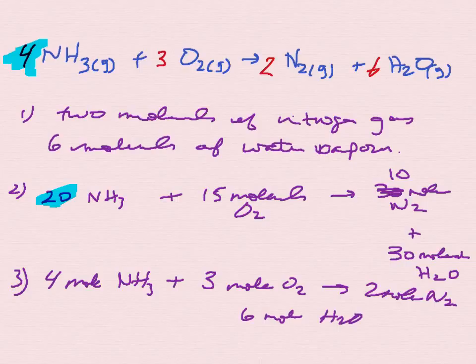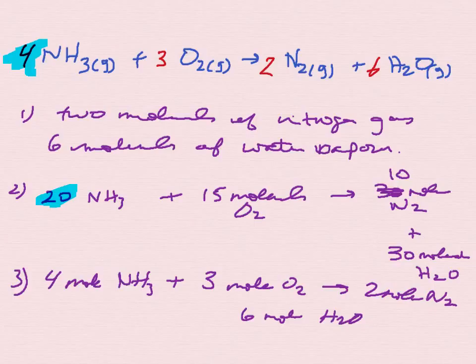You need to be able to write a ratio for any two things from a reaction. So what do I mean by that? If you were going to compare ammonia and oxygen, let's just say, then you could do many things. You could say, for every 4 moles of ammonia, you will need 3 moles of oxygen.